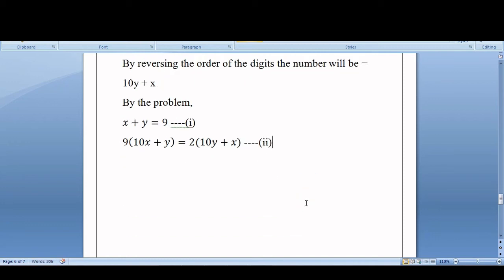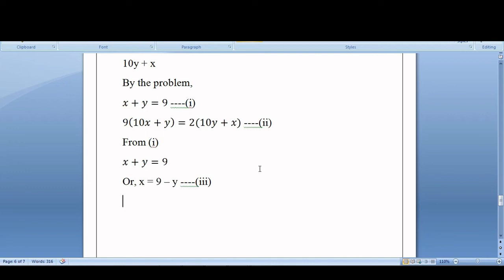Now let's use the method of substitution over here. So we have the value of x, and then we have to put the value of x in equation 2.